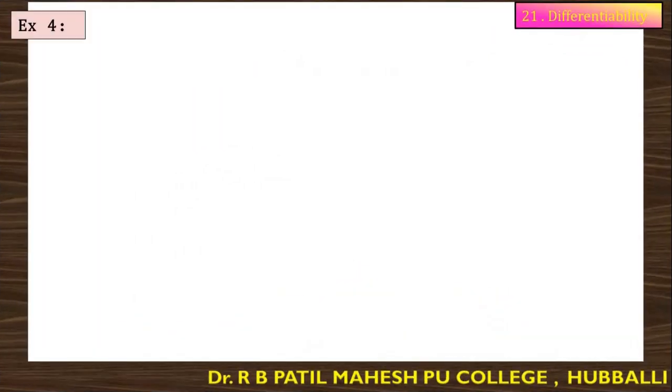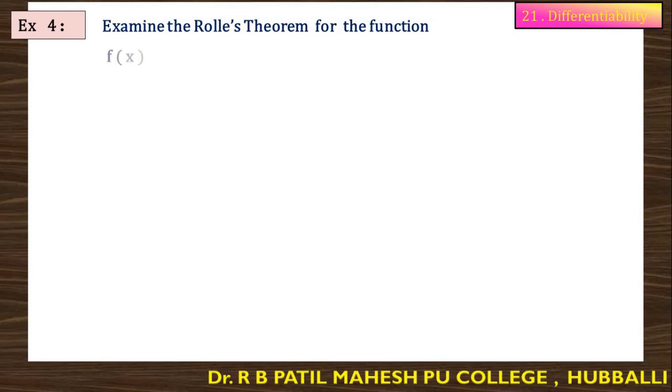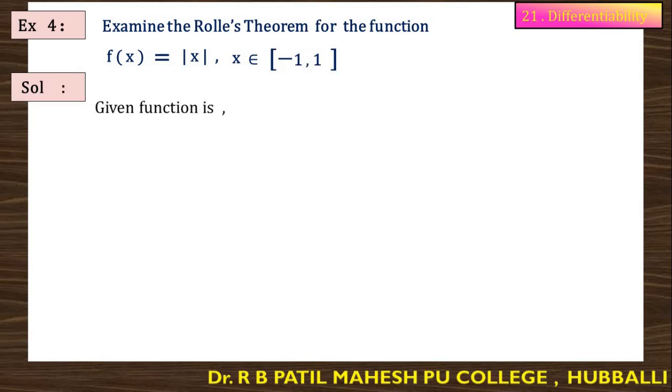Now see the next example. Examine the Rolle's theorem for the function f of x is equal to mod x, x belongs to closed interval minus 1 comma 1. So now we are discussing about the modulus function. So first take given function f of x equal to mod x. Now let me discuss first continuity of this modulus function.